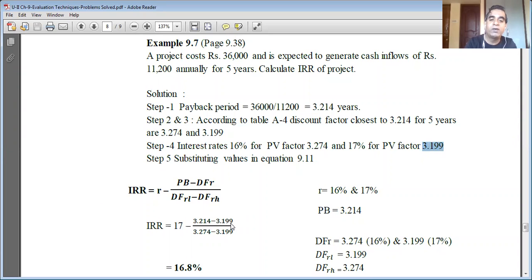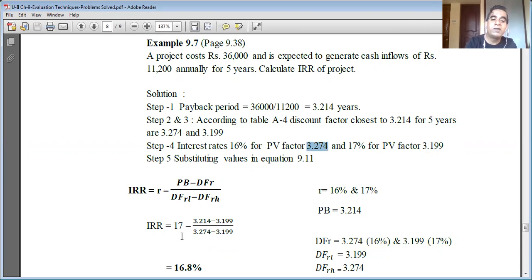Whole divided by DFRL, the present value interest factor for the lower rate of interest, that is 3.274, minus again DFRH, which is the same 3.199.